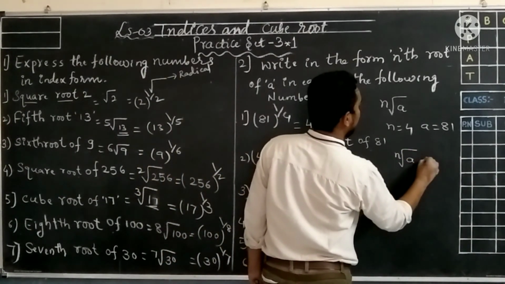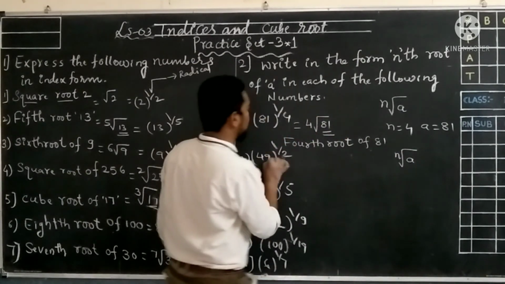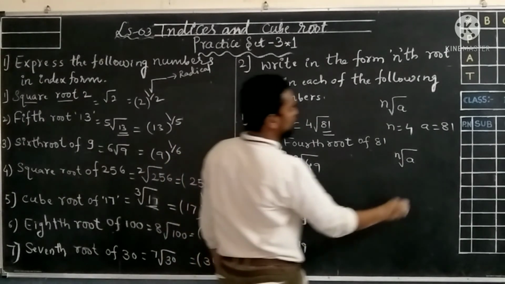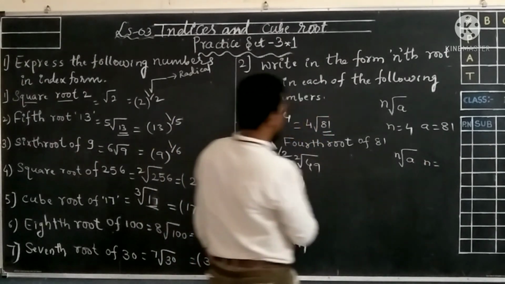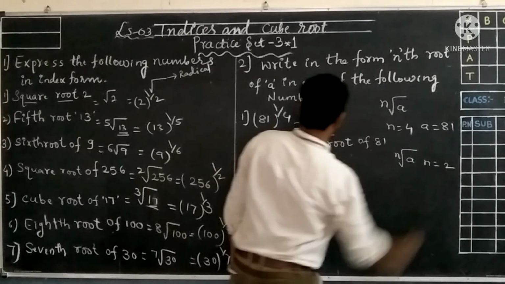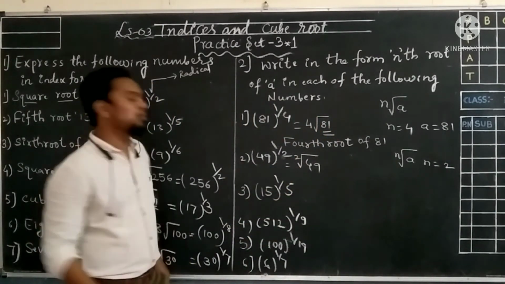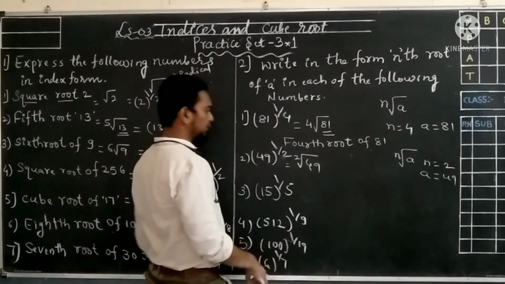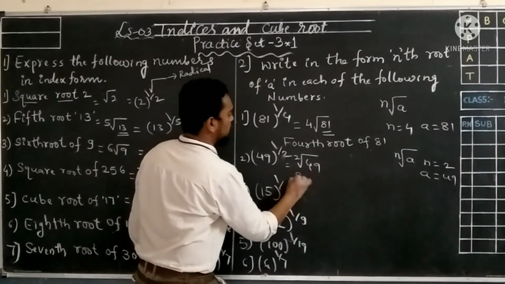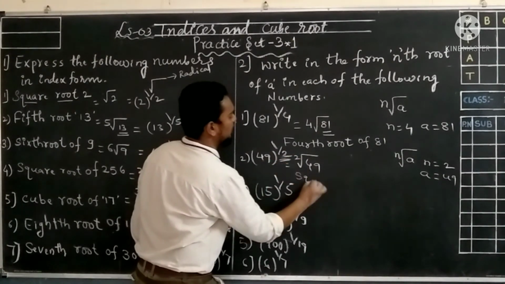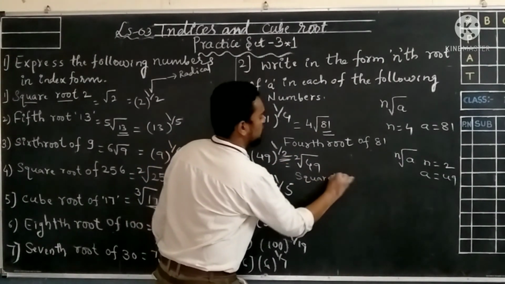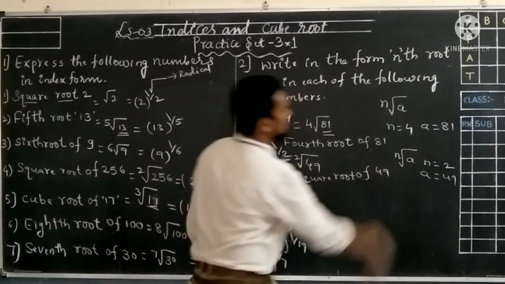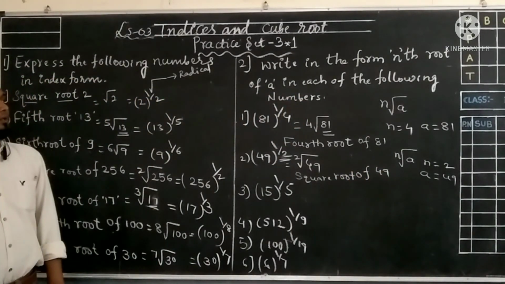Square root 49. Therefore, n value is 2 and a value is 49. Therefore, this is considered as square root of 49.